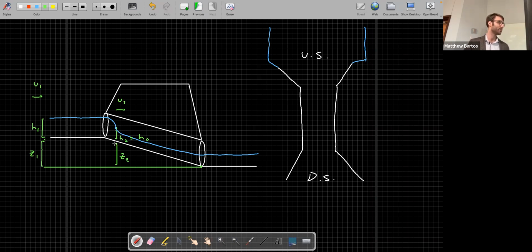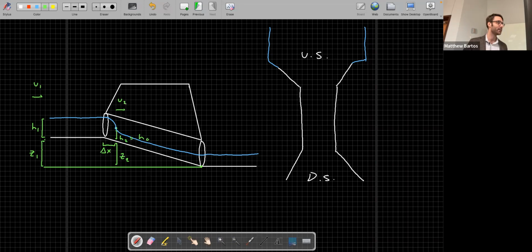This distance between the upstream end and the point where critical flow is achieved, we'll call delta X. Let's just assume we can somehow know what this distance is. Great.